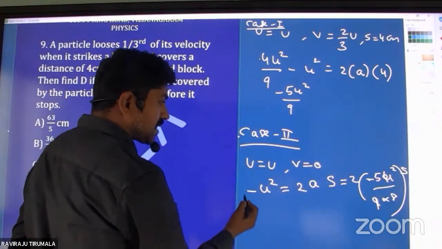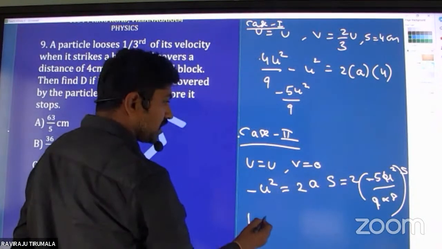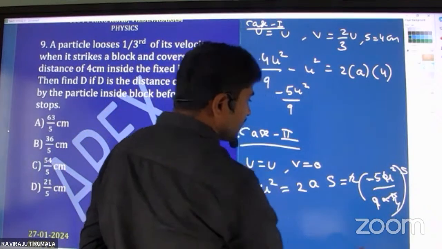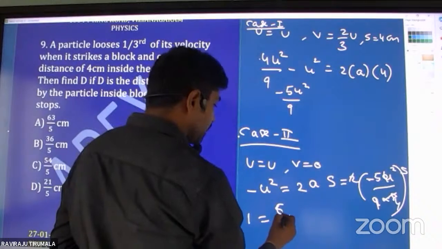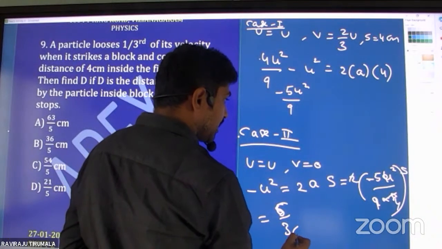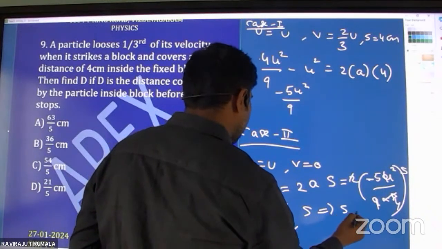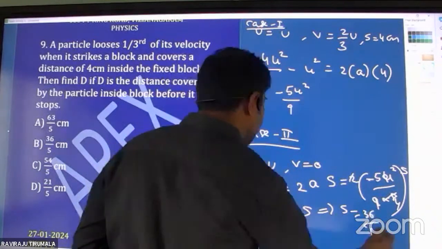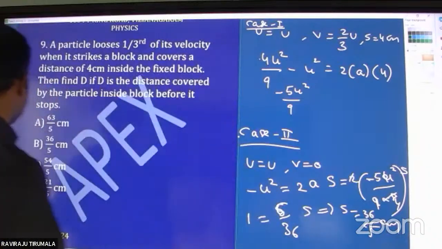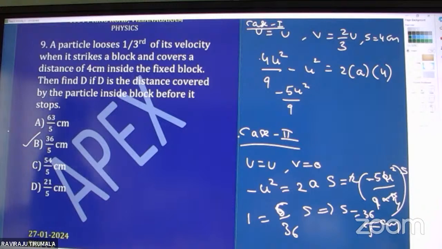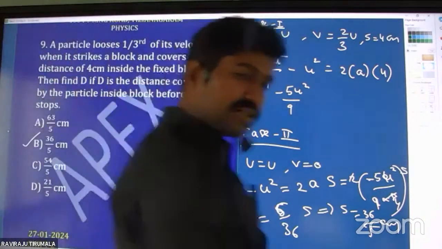So u square cancels, minus minus goes, 1 equal to 2 into 4s, it becomes 5 by 36 u square s. So s will be 36 by 5 centimeters. Is that option there? Yes, that option is there. That means they are asking the total distance only. So the answer is 36 by 5. This is a very standard question.